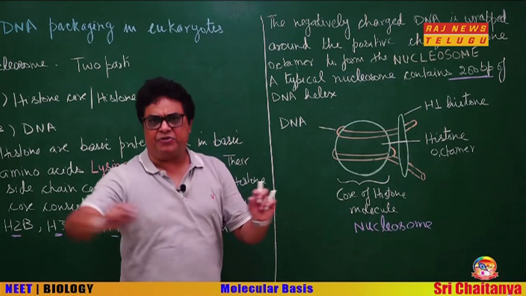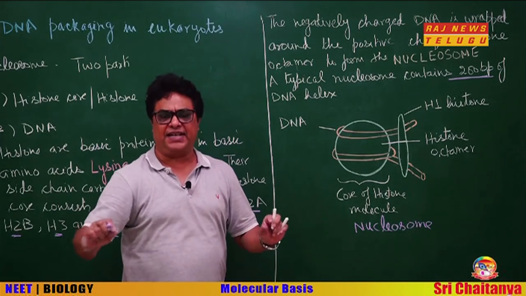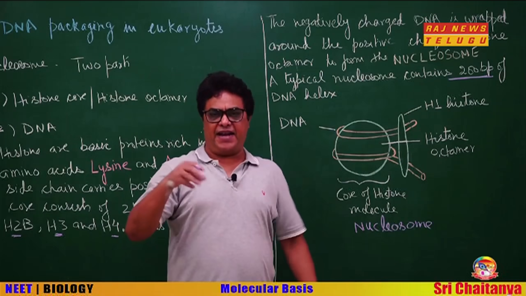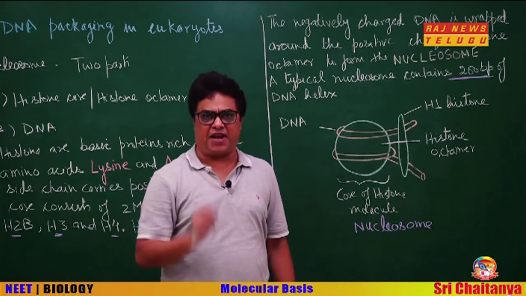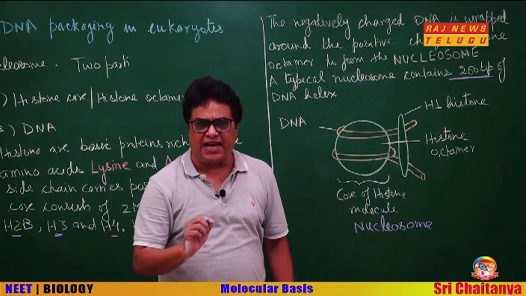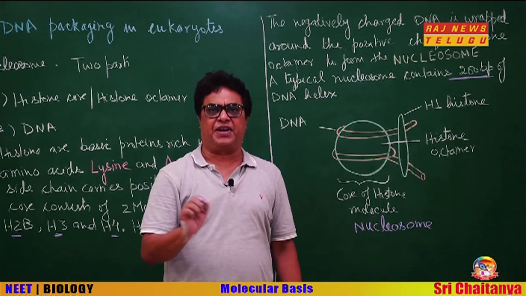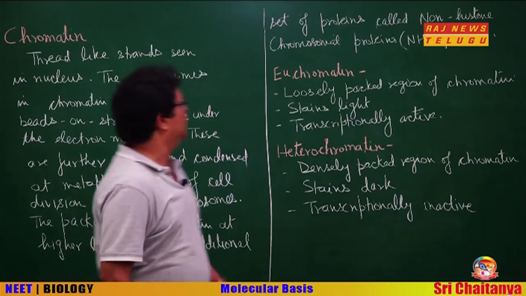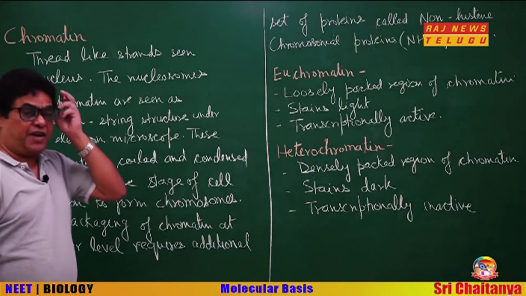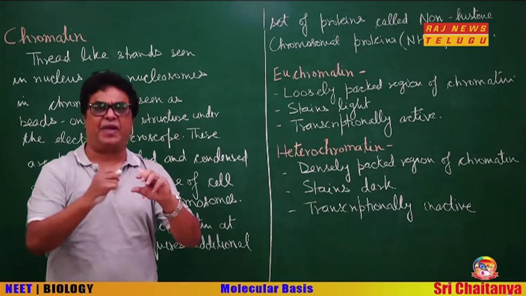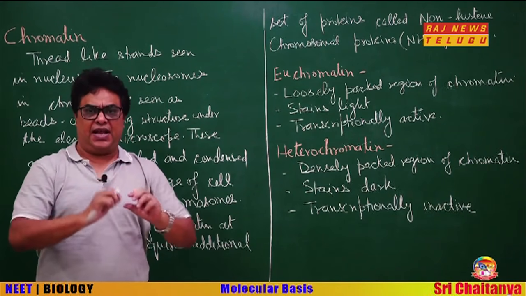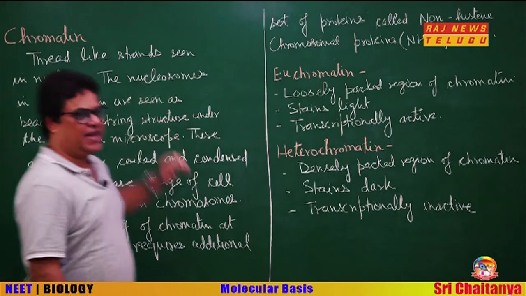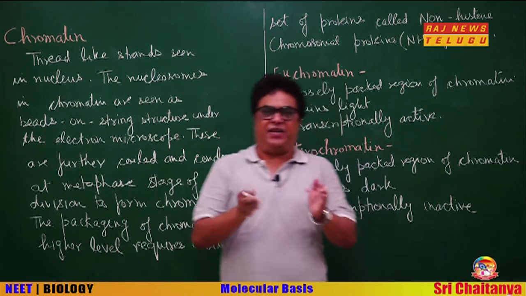Now, repeating units of nucleosomes form a structure called chromatin, and when seen under the electron microscope, this appears as a beads on string structure. Let us see what chromatin is. The unit of packaging is the nucleosome, and a string of nucleosomes is called chromatin.